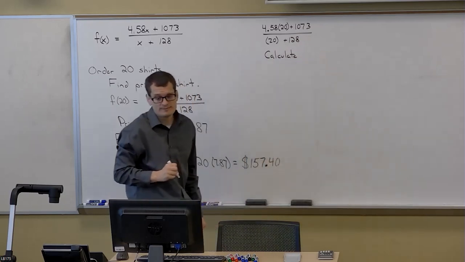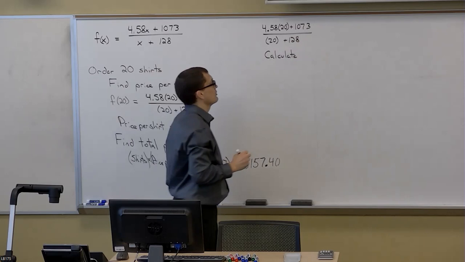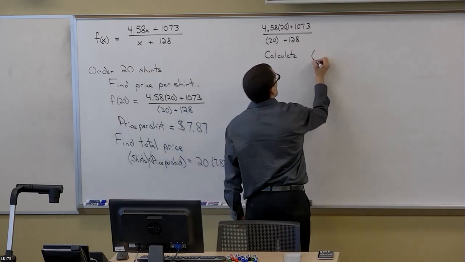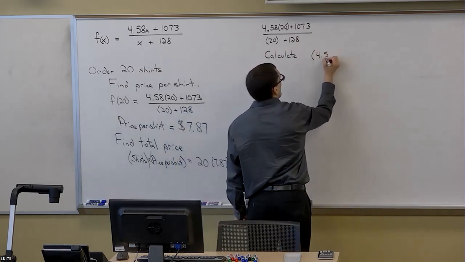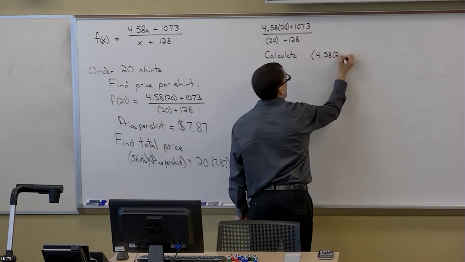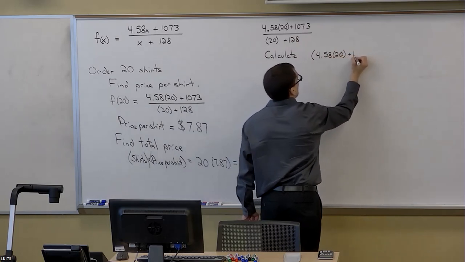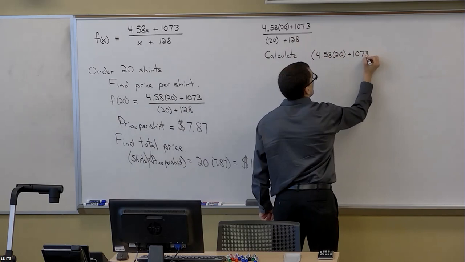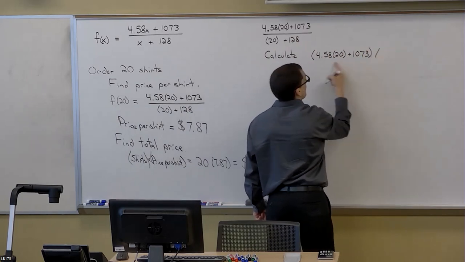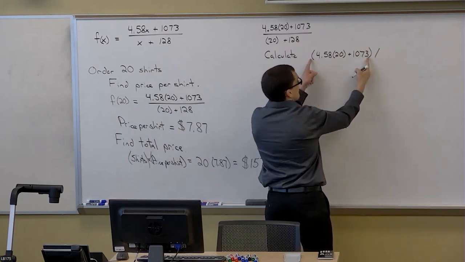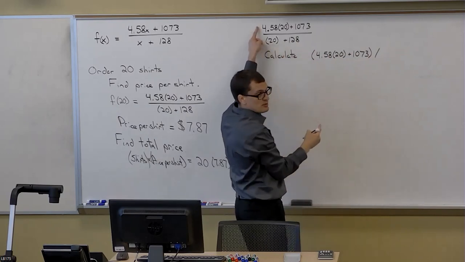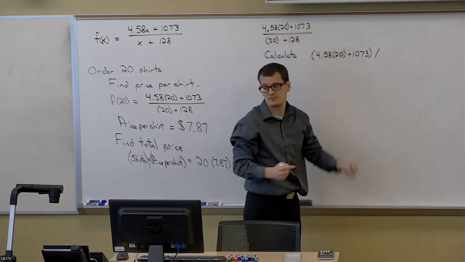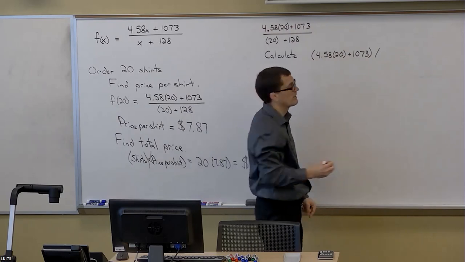One option is on my calculator, you put parentheses around the entire top, being very careful to only put one parenthesis in front of this entire expression and one parenthesis behind that entire expression.